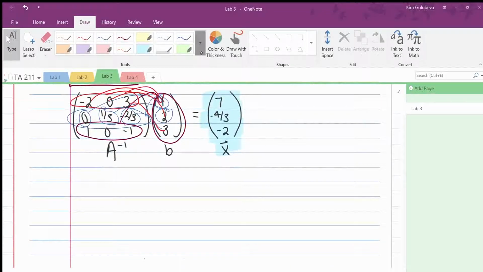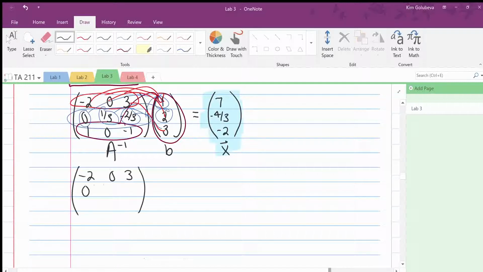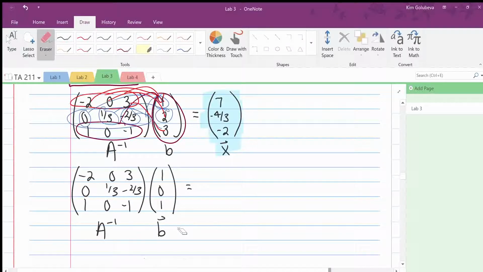Okay, so our next one, we're doing the same thing, multiplying A inverse times our B. Our B in this case is 1, 0, 1. So we have A inverse B equals our x, and in this case, it ends up being 1, -2 over 3, and 0.